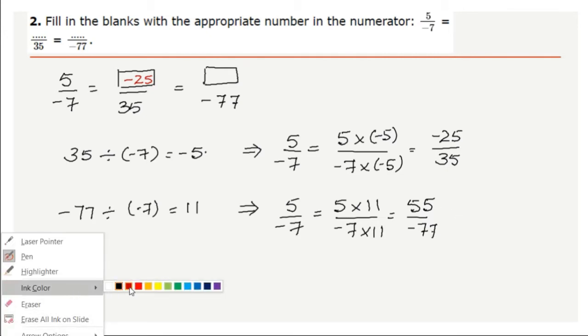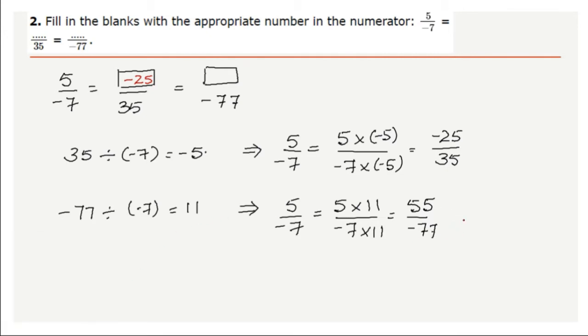Here, the denominator is negative 77, so the numerator has to be positive 55. Therefore, we have 5 by minus 7 equal to negative 25 upon 35, which is equal to positive 55 upon negative 77.